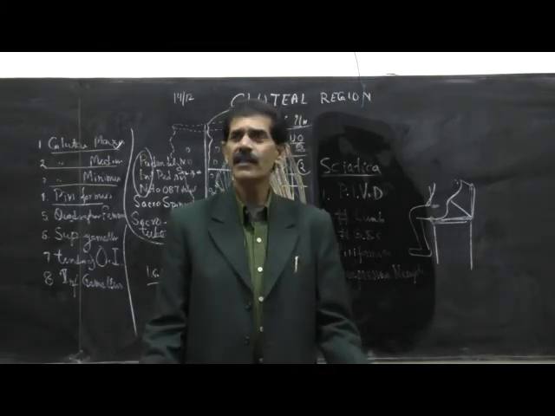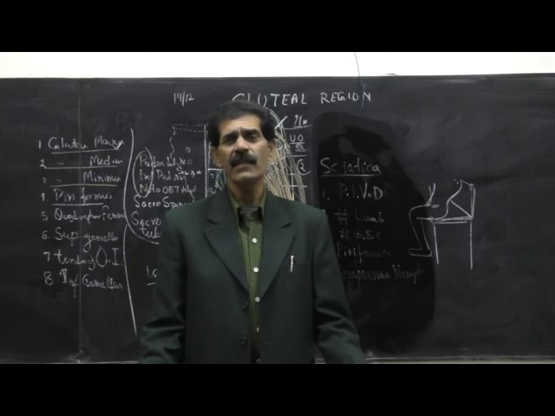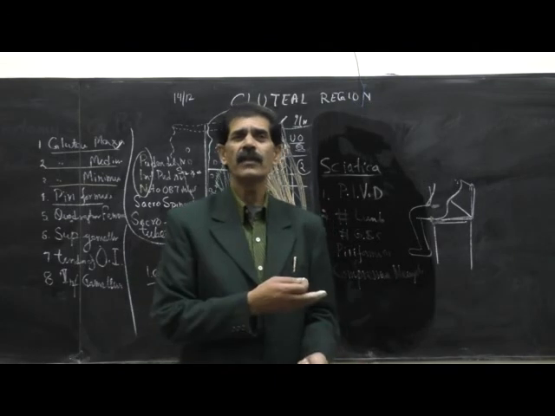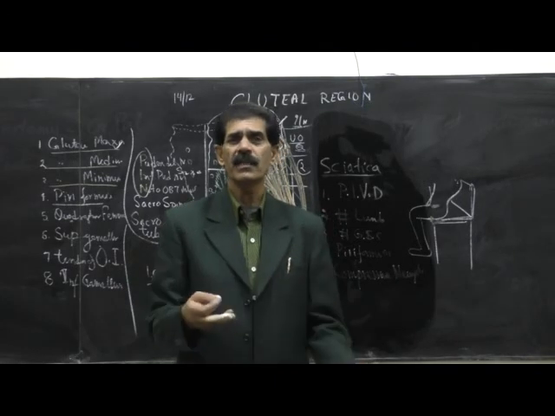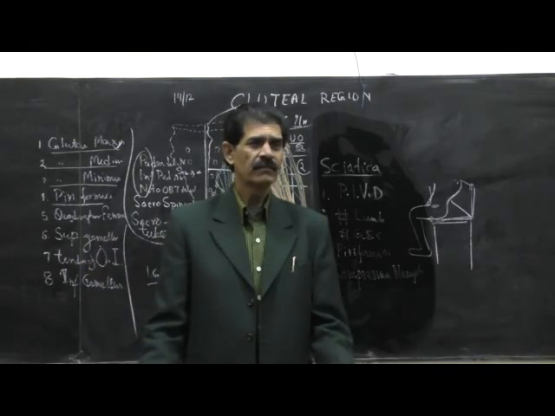Skin of the thigh is numb or paresthesia is there. So both motor as well as sensory loss is there, but it is temporary, because it is pressed because of the wrong posture of the person sitting at the edge of the chair or bench.